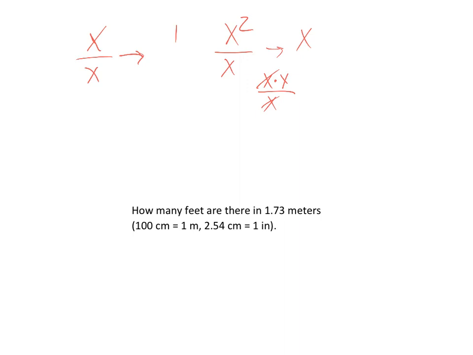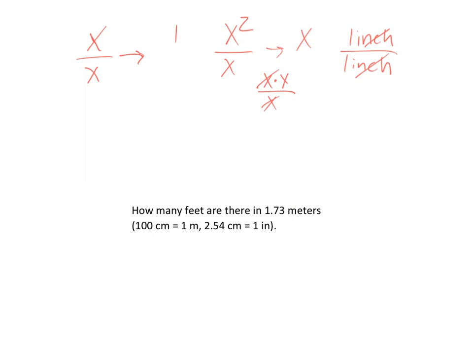The same thing happens whenever I have, say, 1 inch and 1 inch. The inches cancel out. So the basis of dimensional analysis is what's on top cancels with what's on the bottom. And in typical dimensional analysis, we use ratios.